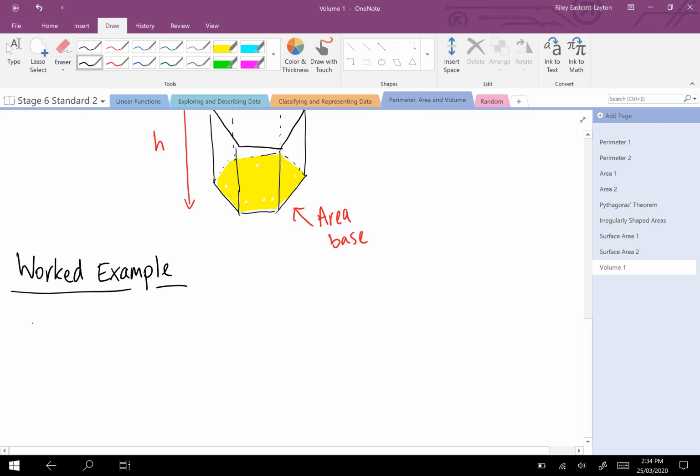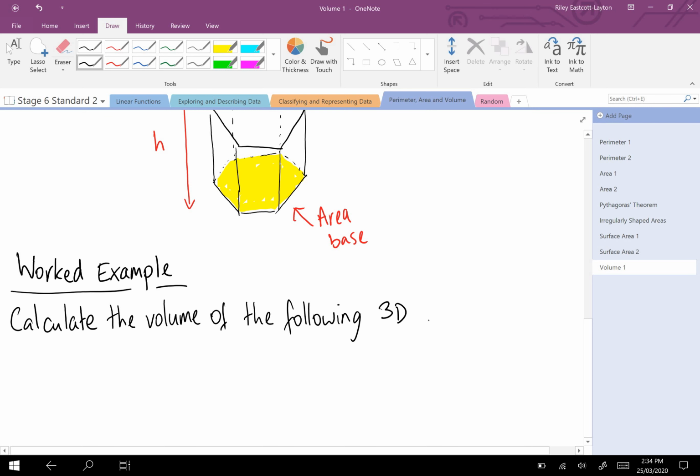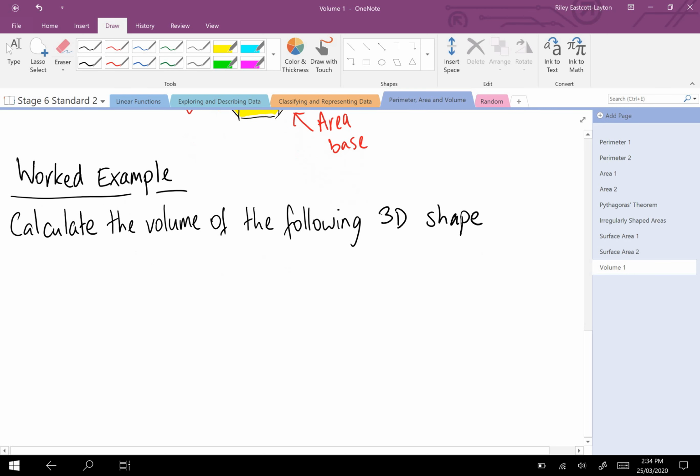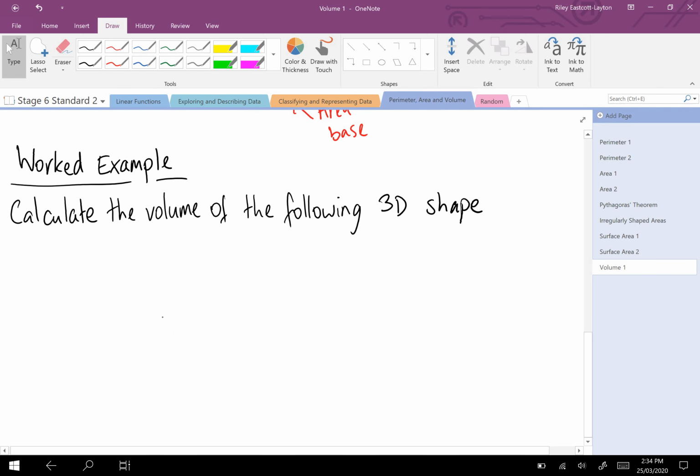Our worked example says, calculate the volume of the following 3D shape. Now, the shape looks like this.